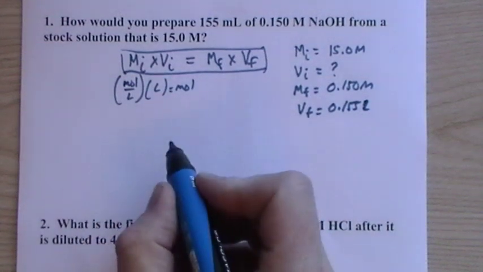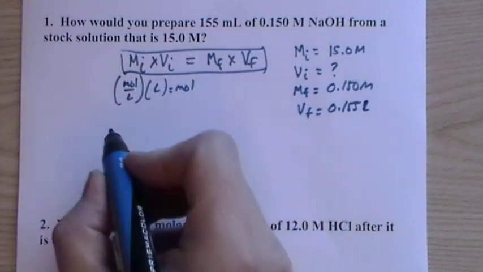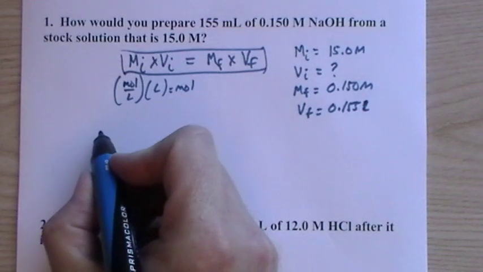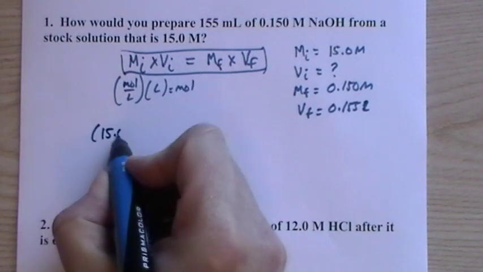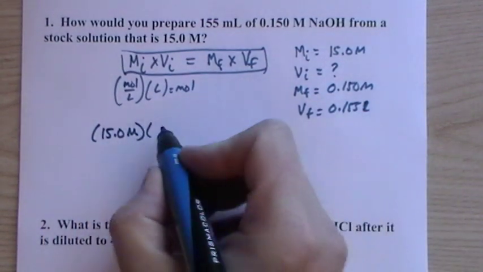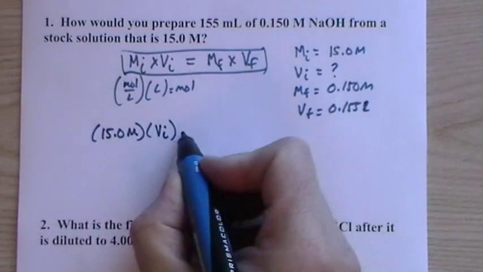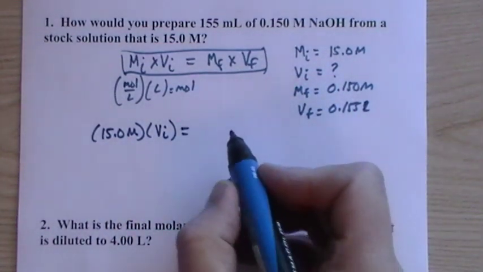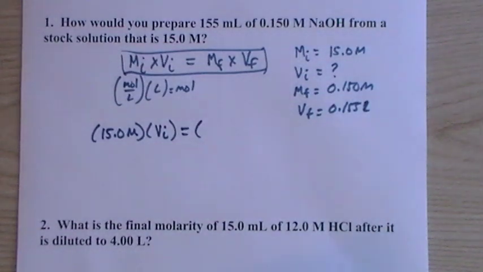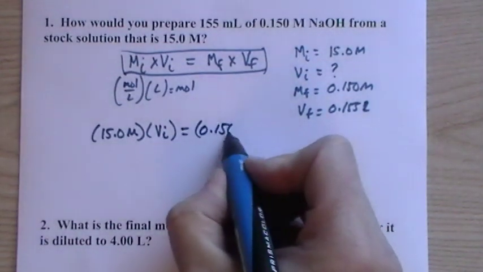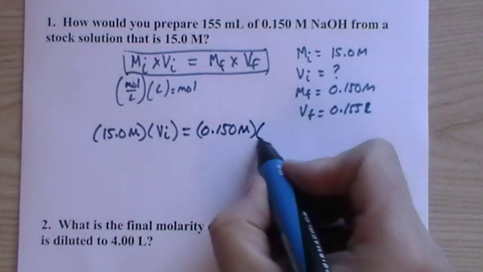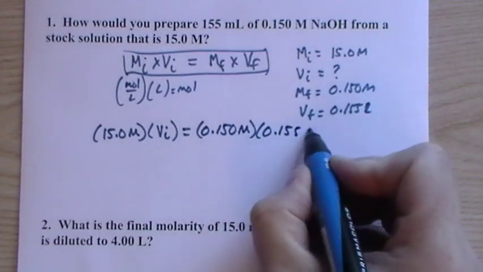So now we put everything in. We have 15 molar times the volume. It doesn't need to be in parentheses. And then the final concentration is 0.15 molar, and the final volume is 0.155 liters.